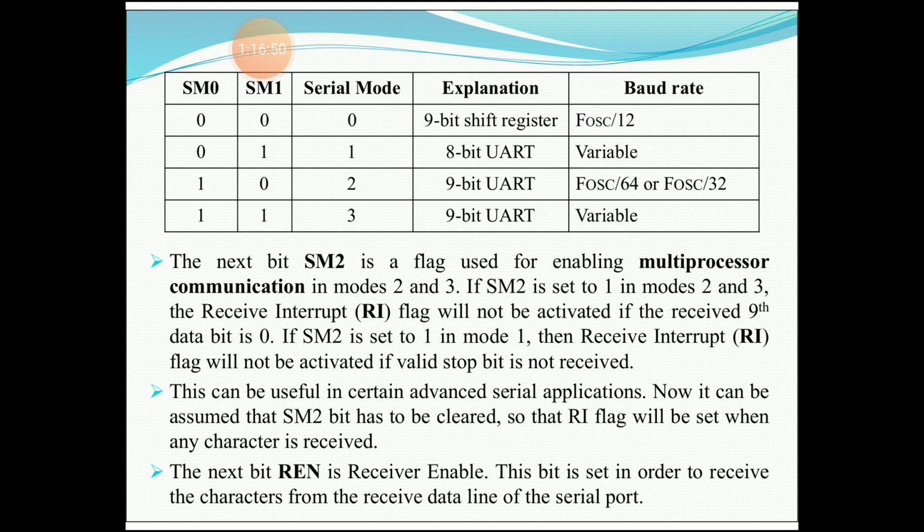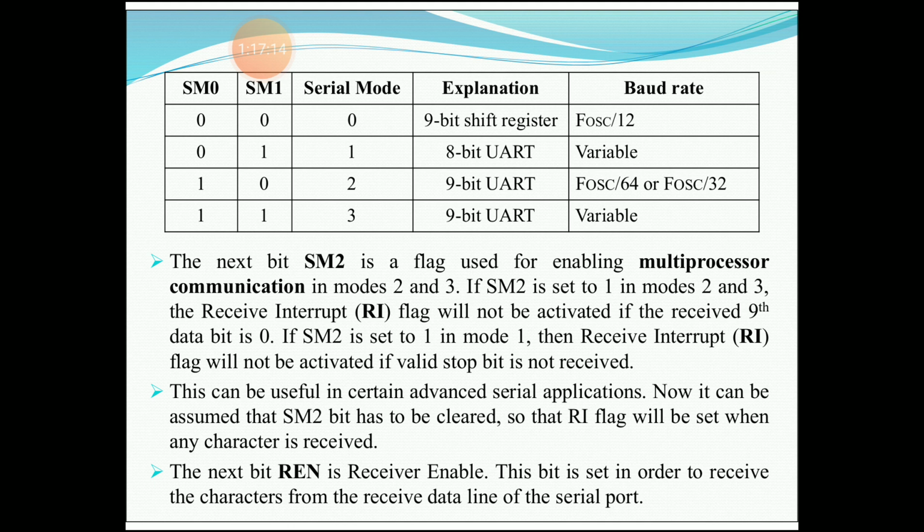In this operation, the baud rate is fixed, that is oscillator frequency divided by 64 or oscillator frequency divided by 32. Next, when both bits are 1, 1, serial mode 3 is selected. In this mode, the serial port acts as 9-bit UART. The baud rate is variable.